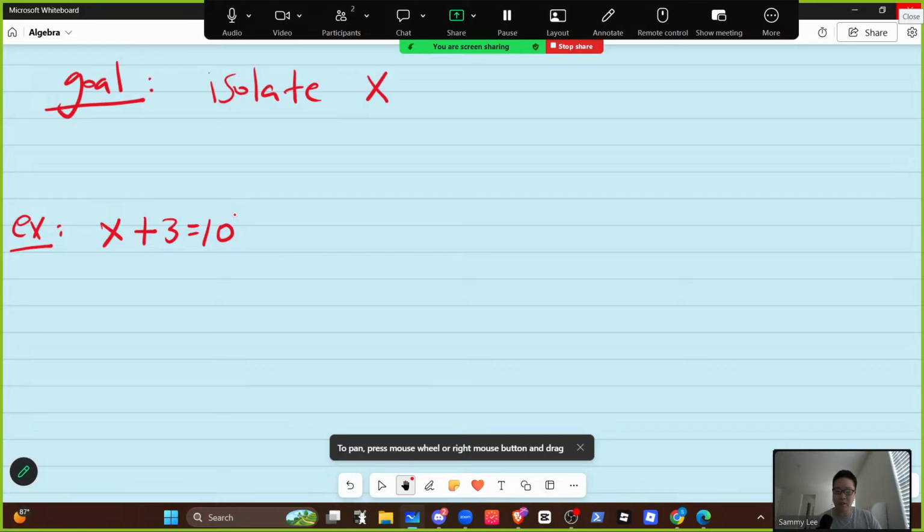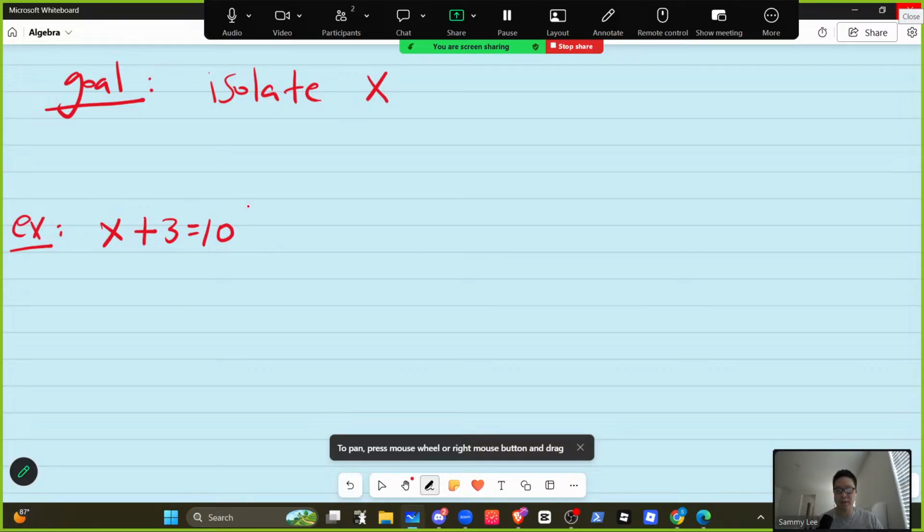Now, just looking at it, we already know what the answer should be, right? Because we know that 7 plus 3 gives us 10. So we already know without having to know the algebra what x is. But we need to actually know the technique behind solving it in order to solve much more complicated ones.